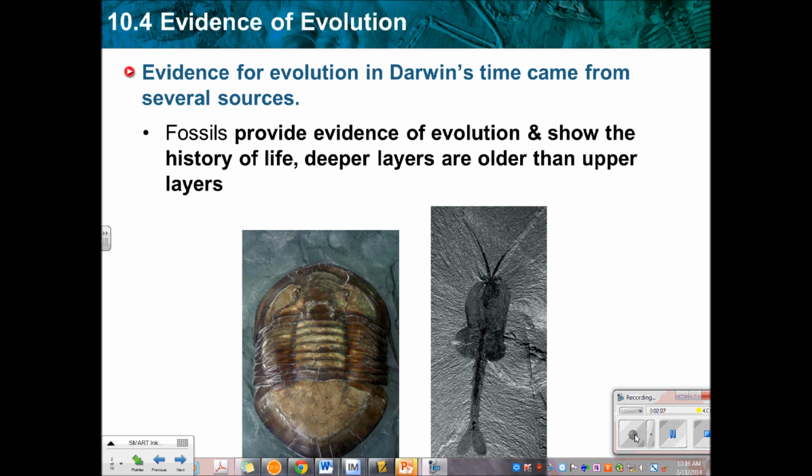Now we have way more ways of dating Earth now with radioactive dating. We'll talk about that later, like carbon dating, but even using uranium and other radioactive elements to age the Earth. And so anyway, fossils are only formed in sedimentary rock. These fossils here, there's no more tissue there.